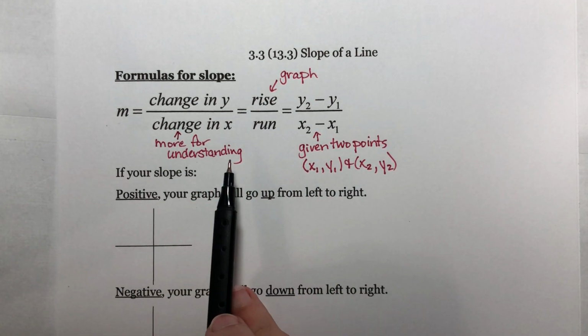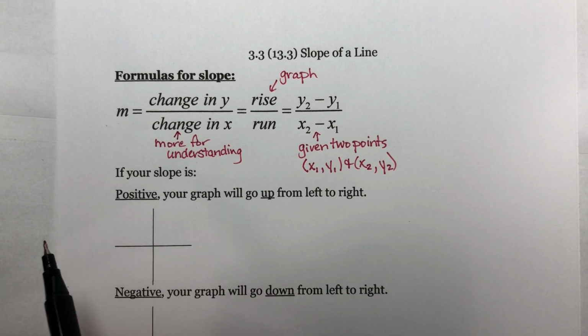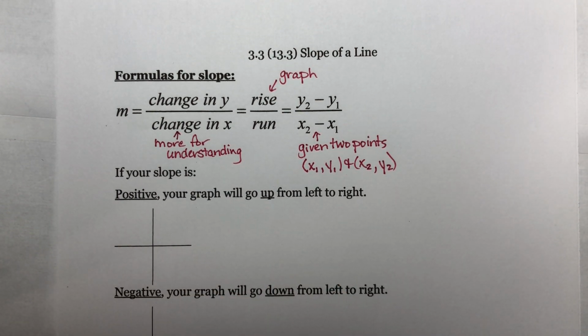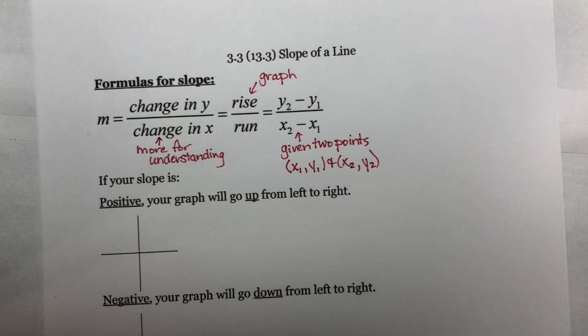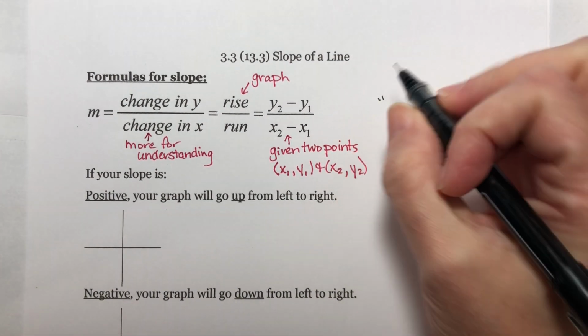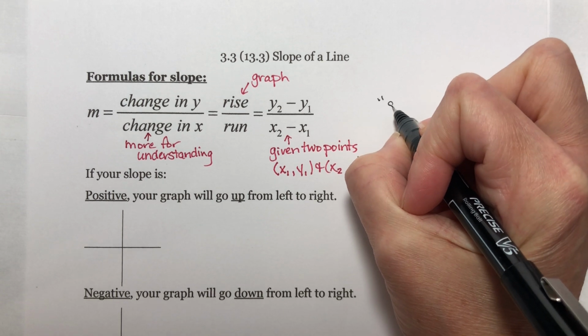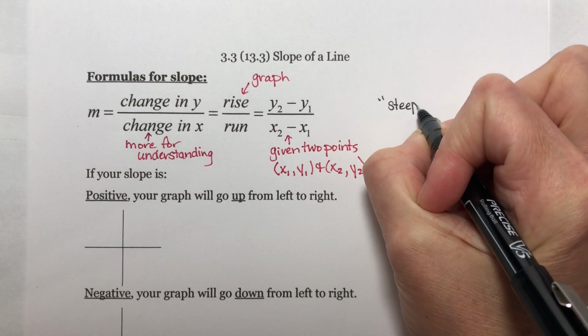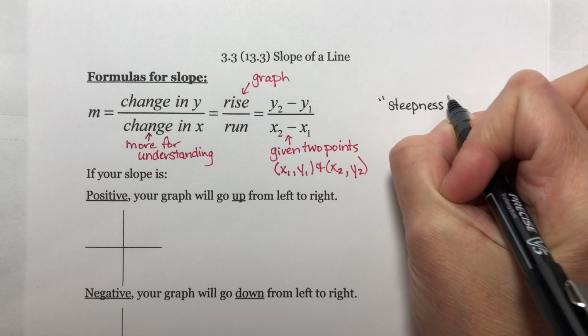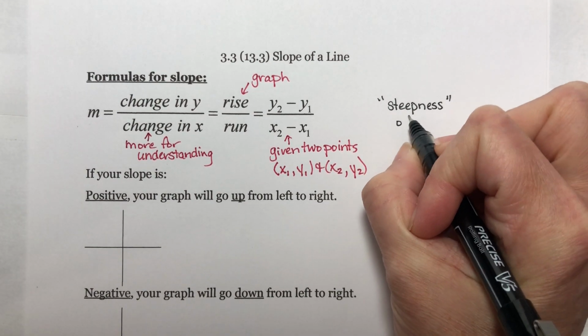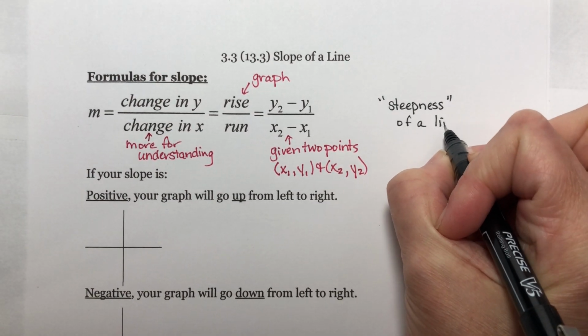So these are really all saying the same thing. It just depends on what it is you're trying to use your slope for. Okay, so what's another way of understanding what a slope is saying? It's a way of discussing, this is my definition, the steepness of a line.